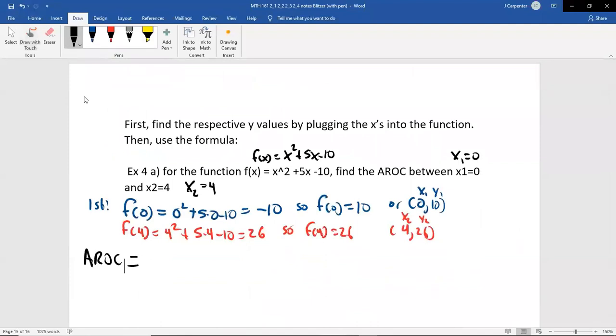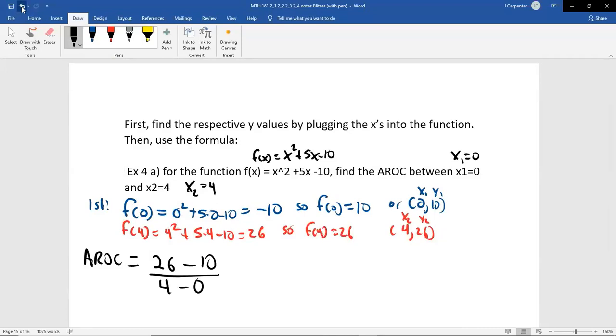So the f of x2 is this. It's the 26. That's the y2. Minus f of x1 is that, the 10. Again, also known as y2 minus y1, over x2 minus x1. The x2 was 4, and the x1 was 0. Make sure you're consistent.